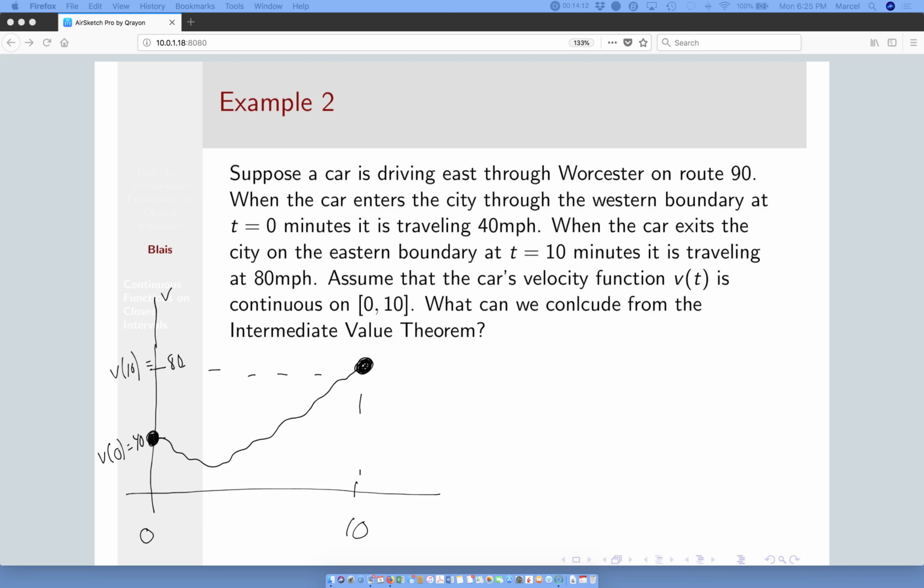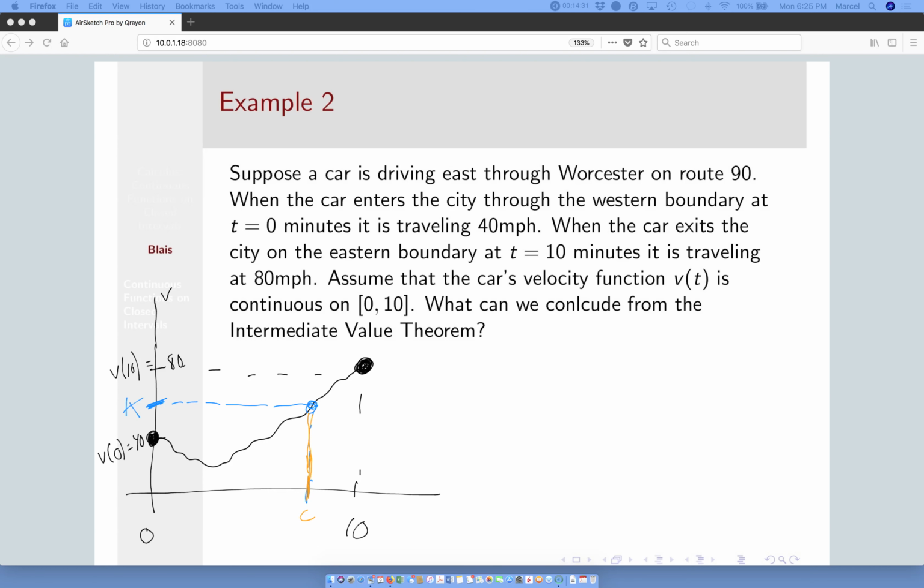What that means mathematically, pick any k here, you go over, and there's some time, what we were calling c, at which that value k is attained.